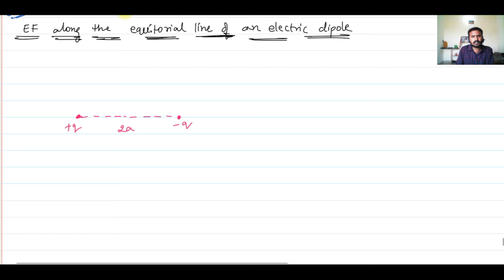The equatorial line is nothing but a line perpendicular to the axial line of the electric dipole and passing through the center. That is my equatorial line.